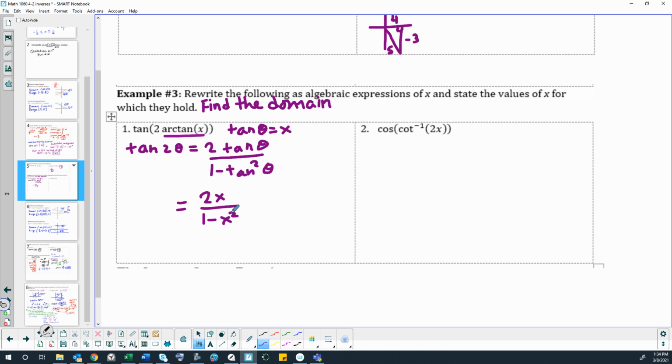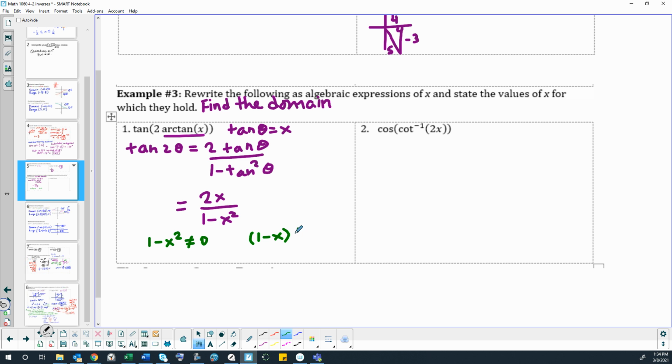That's it. The only other thing we have to do is find the domain. So heading back into what we learned in Math 1050, we just need our denominator to not equal 0, right? So 1 minus x squared cannot equal 0. Can't divide by 0. So I can factor this.